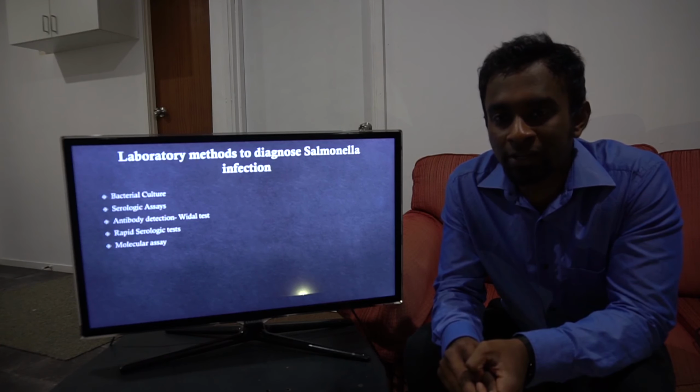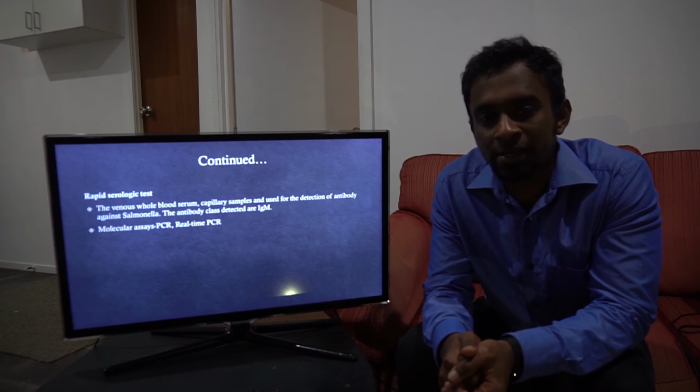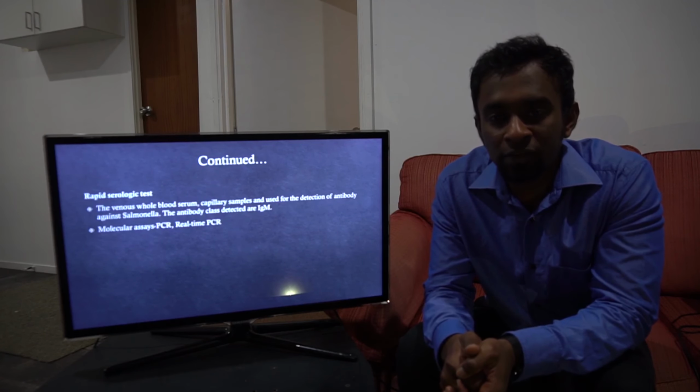For example, Typhidot detects IgM and IgG antibodies directed against the outer membrane protein of Salmonella typhi. Tubex TF detects antibodies against the LPS of Salmonella by an inhibition assay format. For the PCR-based assay, the H flagellin gene, Vi capsular gene and the 16S RNA gene are used to diagnose.